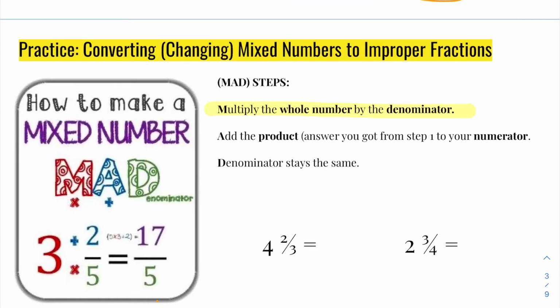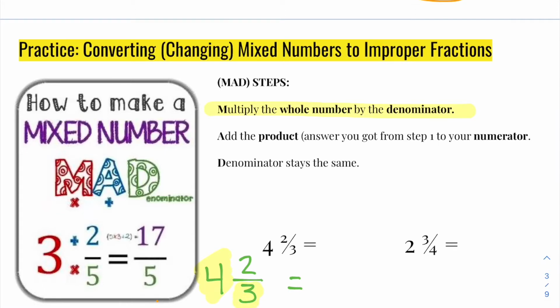Well, let's first rewrite this problem. 4 2/3.